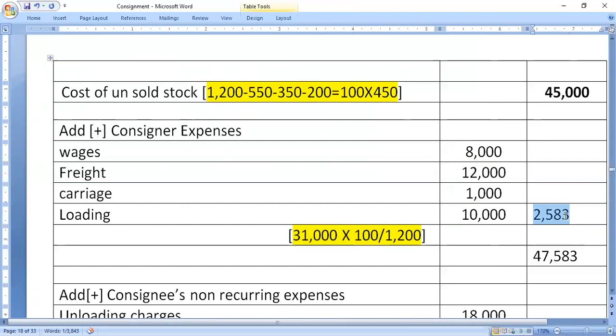The sum of 45,000 plus 2,583 leads to 45,583.